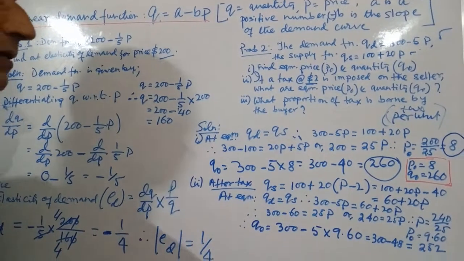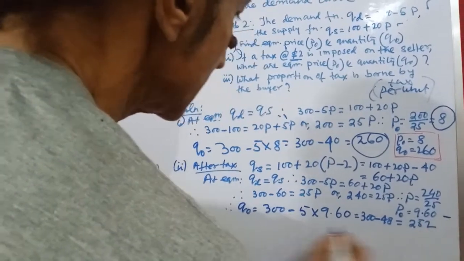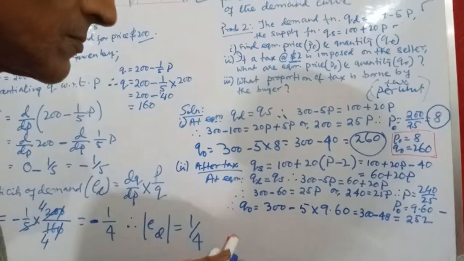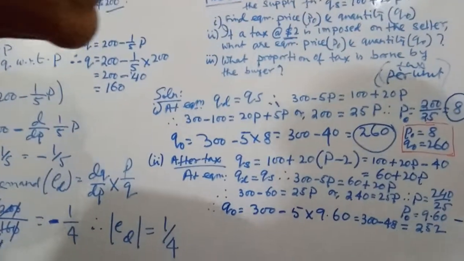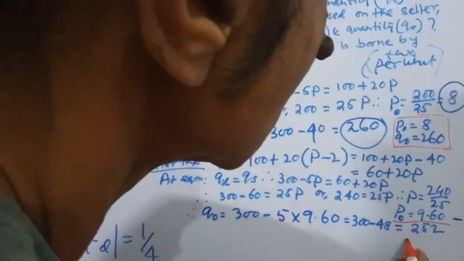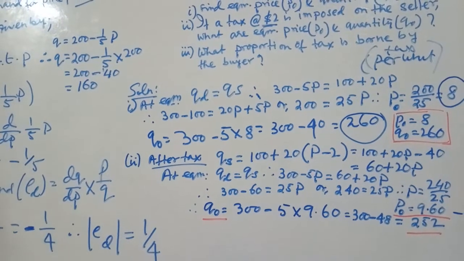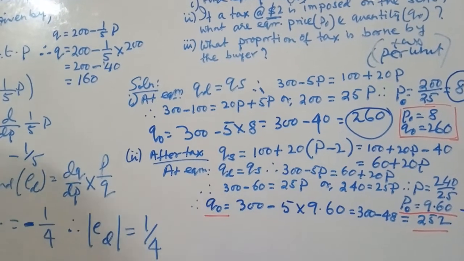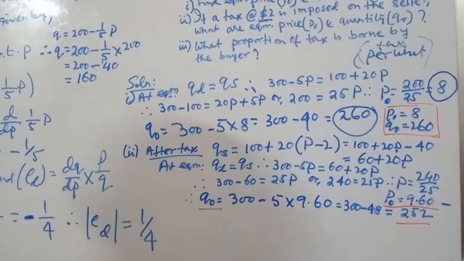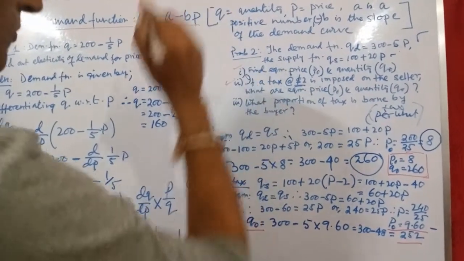So new equilibrium price is P0, that is 9.60, and new equilibrium quantity is Q0, that is 252. Correct? So we have calculated the equilibrium price and quantity after a tax of $2 per unit is imposed upon the seller. So we have solved part 1 and part 2.